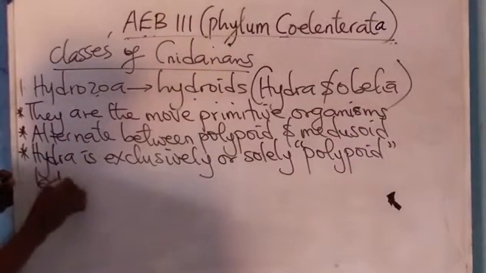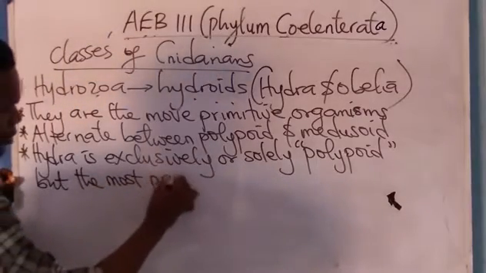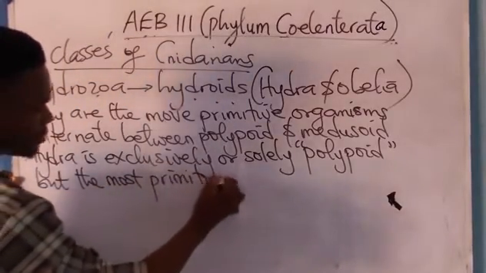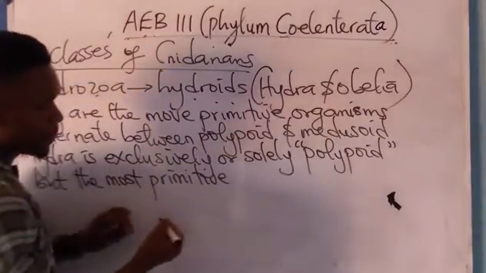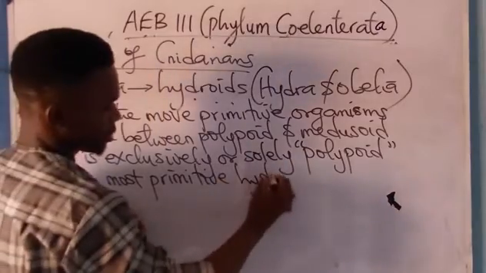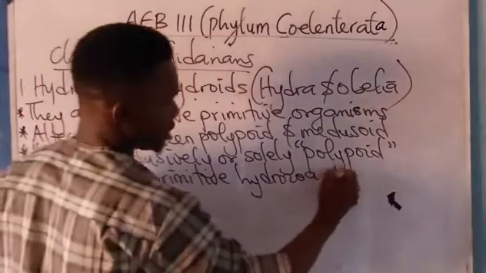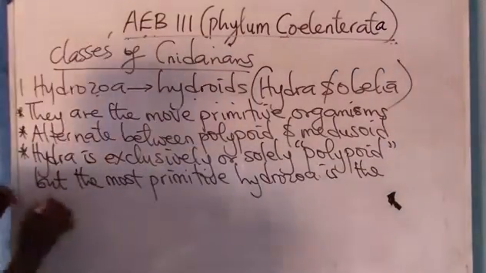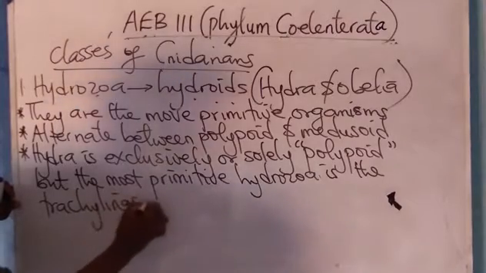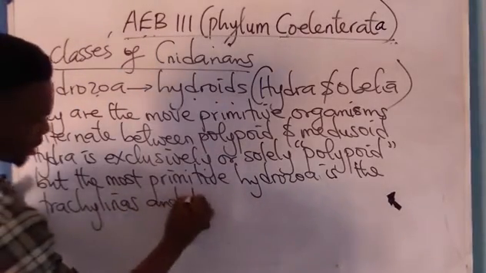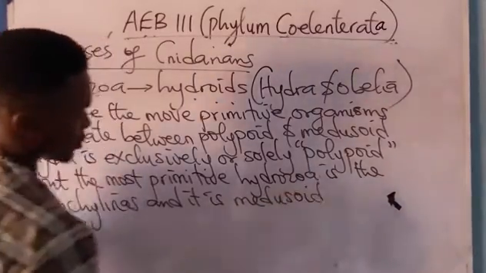But the most primitive hydrozoan is the Trachylinae, and it is medusoid. Medusoid. Okay.